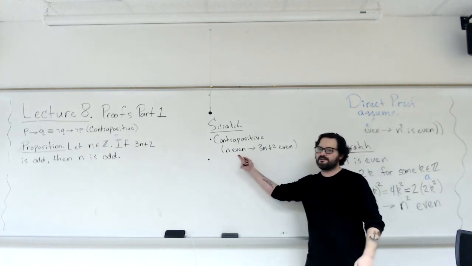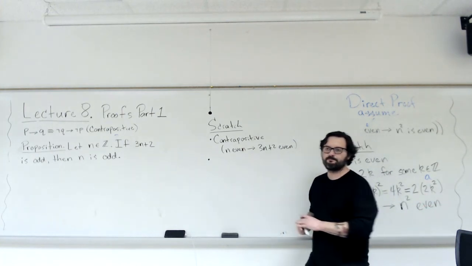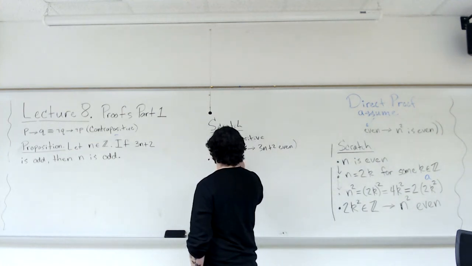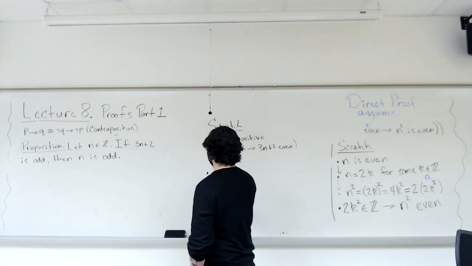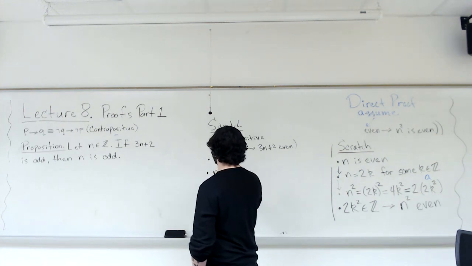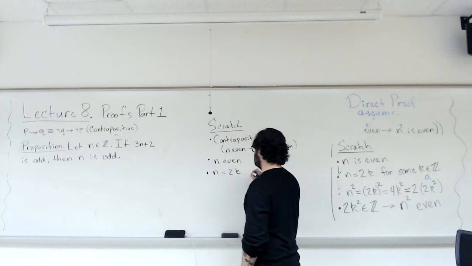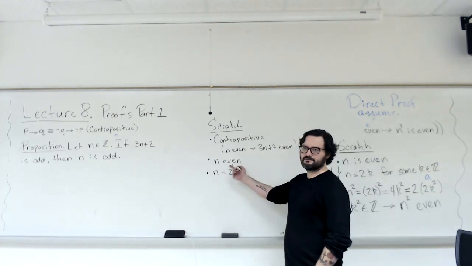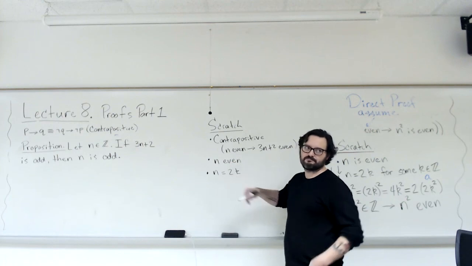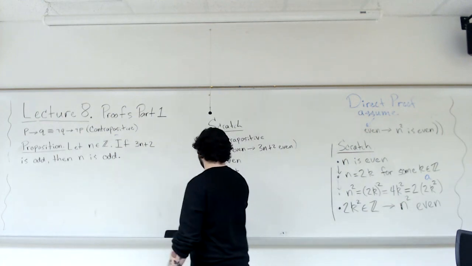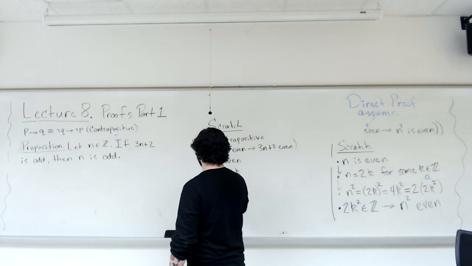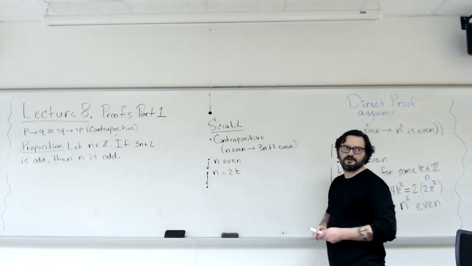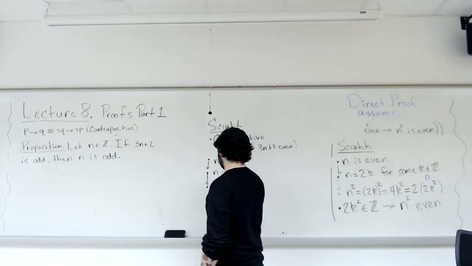We assume that and then show that it implies that. So I'm going to assume n is even, which means that n is equal to 2k for some integer k. Declare, definition, some algebra. So then what do I want to show? I want to show that 3n plus 2 is even. So I'm going to look at 3n plus 2.